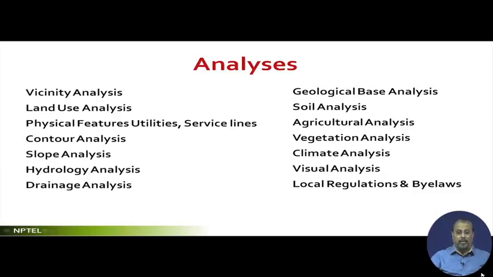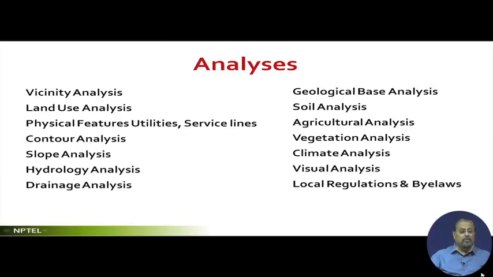Common land use parameters are whether it is residential, commercial, or industrial land use, or there is a water body, or some services land use, or is it an open field, a structured open field, an unorganized open field, or a forest. Such land use items will also be the categories of land. What kind of category? First category of land, second category of land. That is going to come within it.